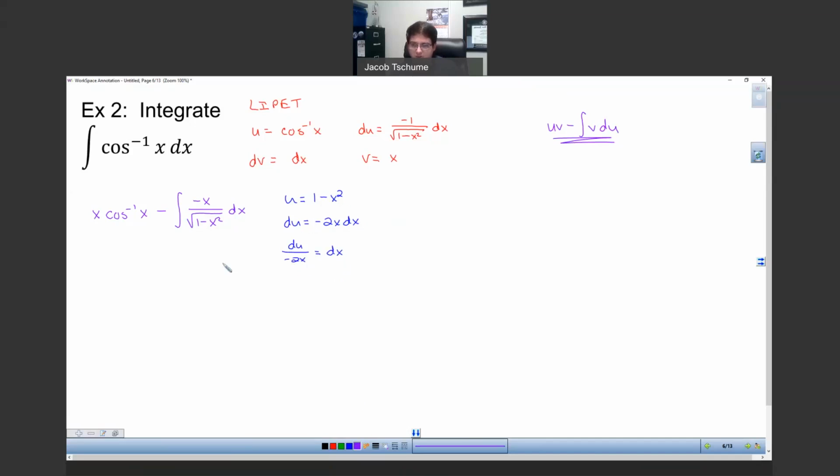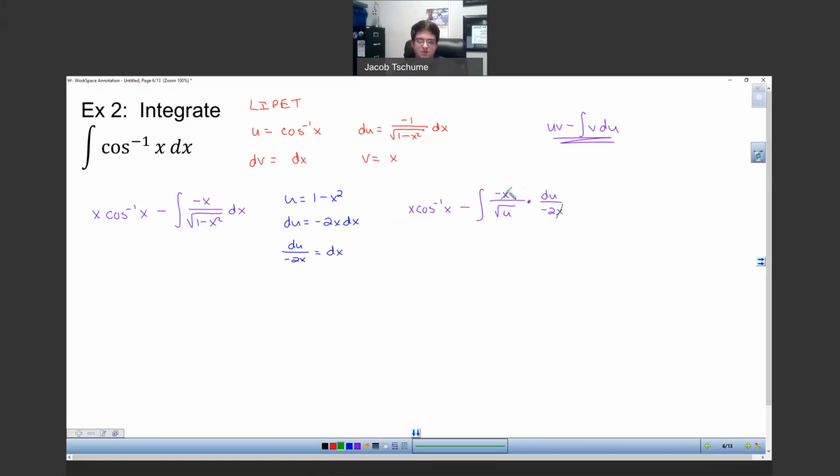So now solving this integral here, you will still have the x times the inverse cosine function minus the integral of negative x over the square root of u times my dx term, which is du over negative 2x. And just like I suspected, I can see a couple things that cancel here.